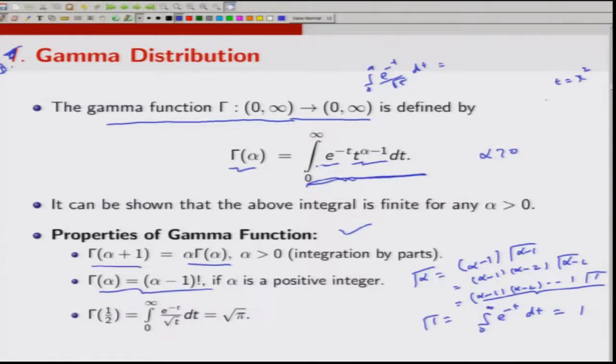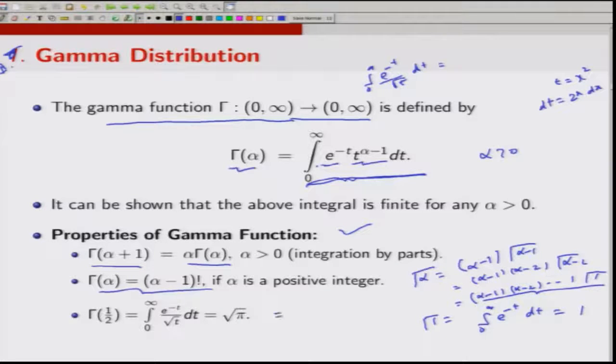Then that means t is x square, so dt is 2x dx. So, e to power minus t, t to power half minus 1, where t is the same as x square.